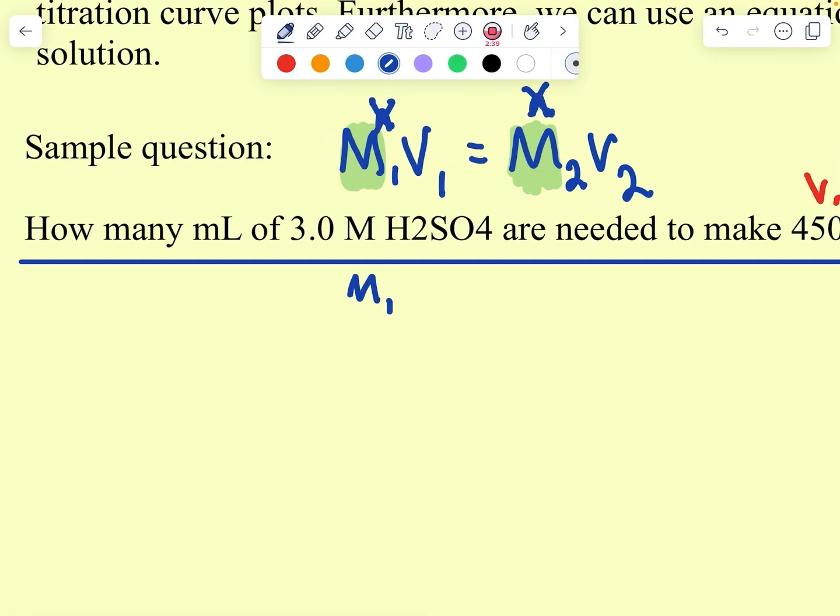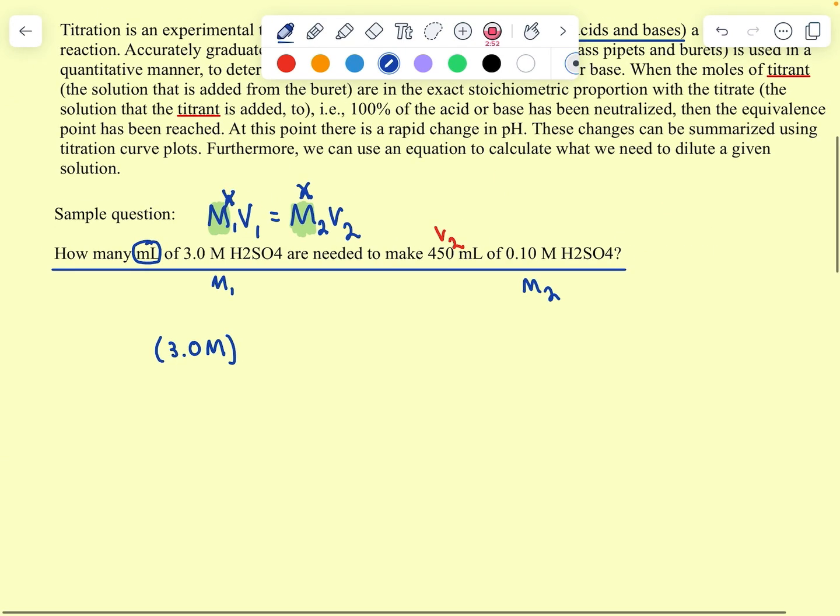So how we do this is we are just going to do our M1, which is 3.0 molar, and then our V1 is what we're solving for because we're looking for milliliters, which is a volume. Usually in this class we need to convert to liters, but with this equation it works out because both of our volumes are in milliliters, and usually with this dilution equation you can get away with using the same units as long as they match. So if they gave us both liters, we could use liters, but since they both give us milliliters, we can use that.